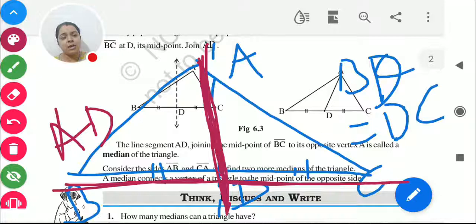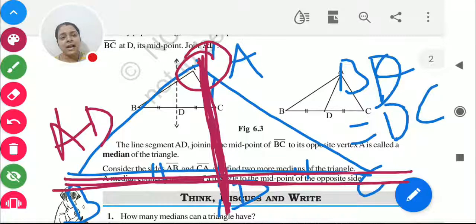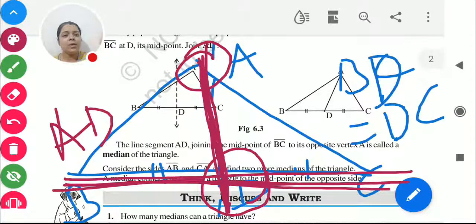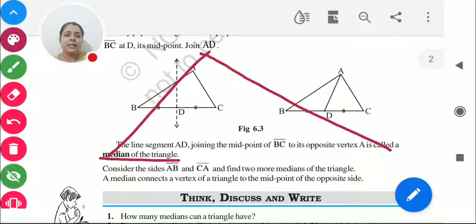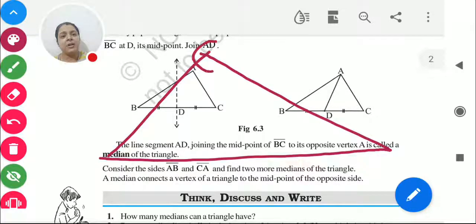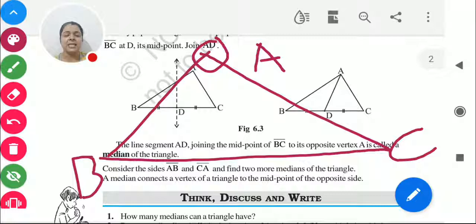Vertex A has drawn a line on the opposite side BC at the midpoint of BC. Remember, what is a median? The vertex A draws a line on the opposite side BC at its midpoint.